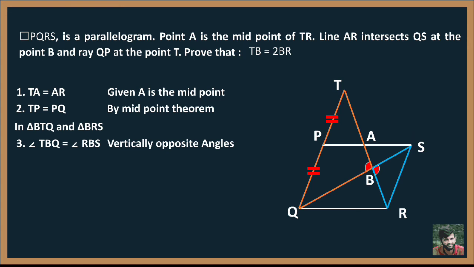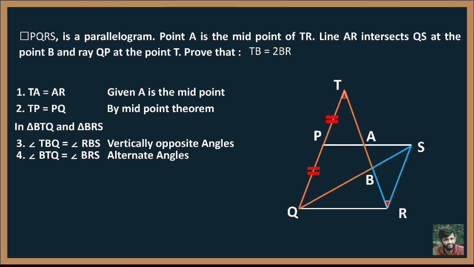So vertically opposite angles. Next I can write angle BRS is equal to angle BTQ. We have already discussed that PQRS is a parallelogram, so whenever a line is extended on the sides of a parallelogram, they will also be parallel, and now they are making alternate angles, which are in a Z shape.